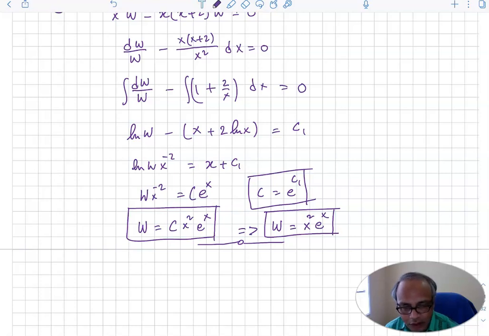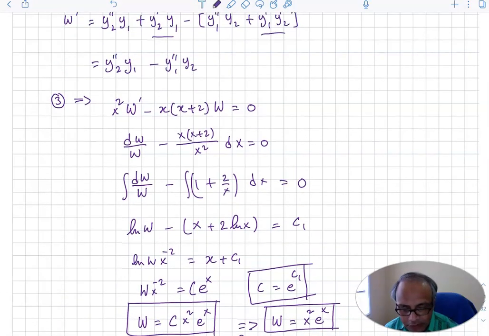So this example is not only about illustrating how to form the Wronskian. It is an example to illustrate how to convert the second order differential equation into the form of a first order differential equation that can also be manipulated and used.